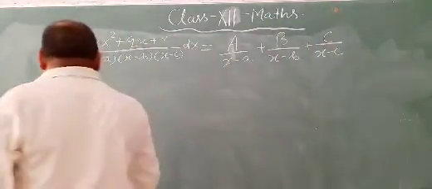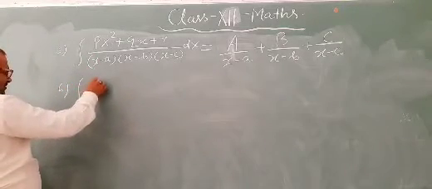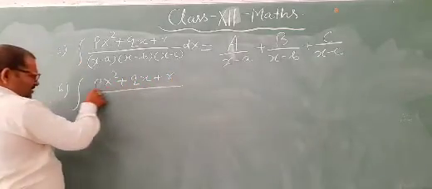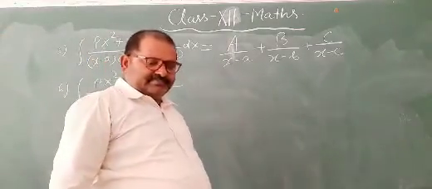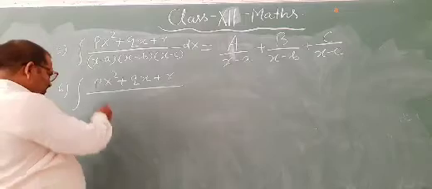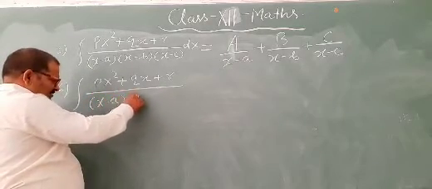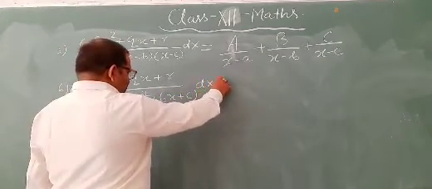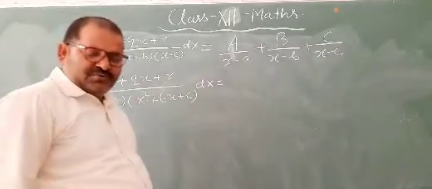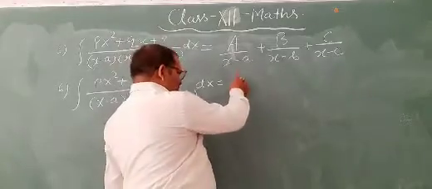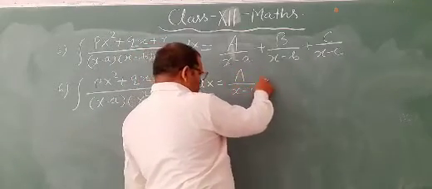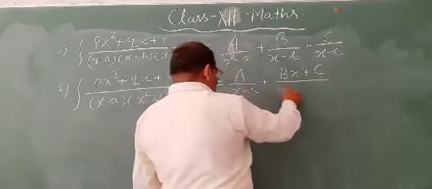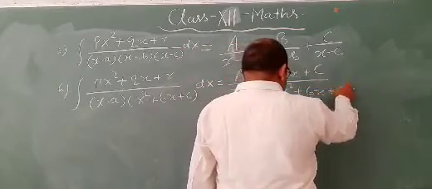Next is 6: integral of (px square plus qx plus r) upon (x minus a)(x square plus bx plus c) dx equal to a upon x minus a plus (bx plus c) upon (x square plus bx plus c).